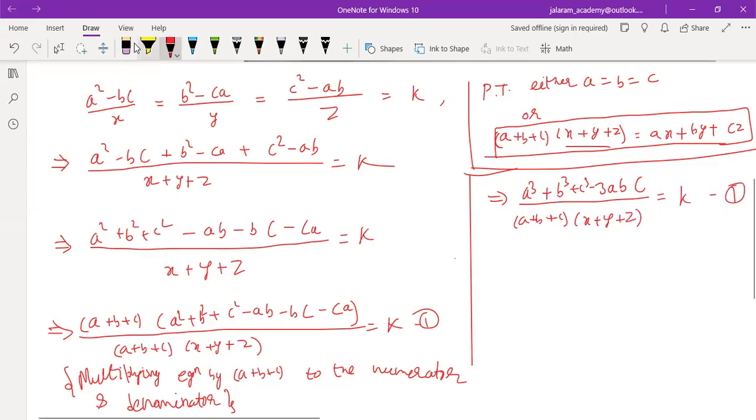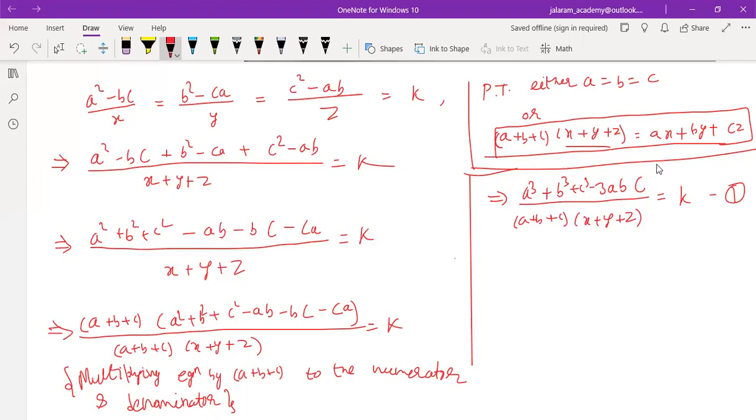Take this equation as equation number 1. So it is shifted one step again. So this is the final equation 1: a cube plus b cube plus c cube minus 3abc over a plus b plus c into x plus y plus z, which contains the term of the left hand side of our identity which we have to prove.